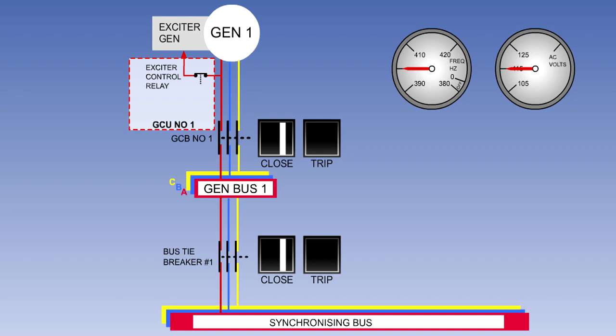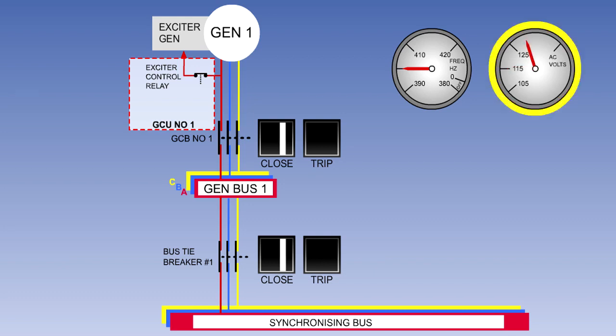The GCU also contains a relay, known as the Exciter Control Relay, Generator Control Relay, or Generator Field Relay. This relay controls the exciter field current supply to the generator field.